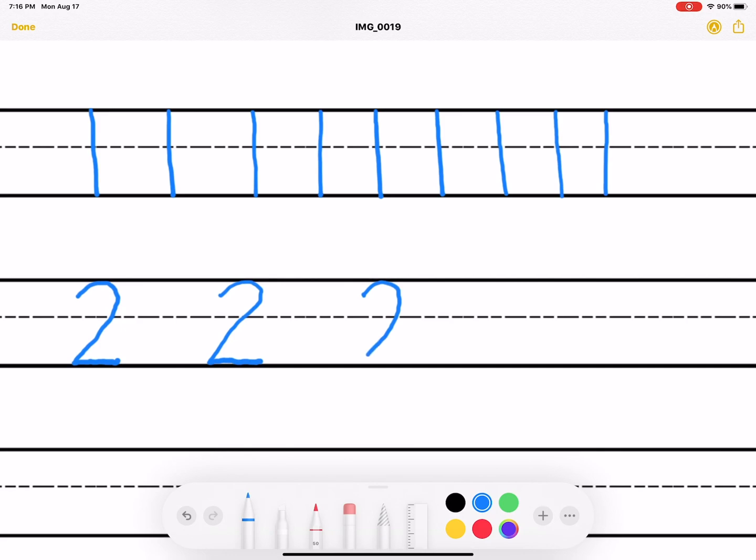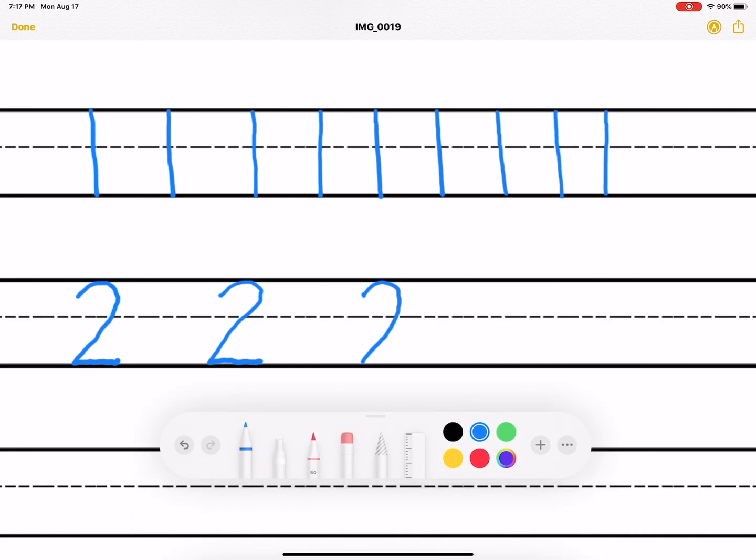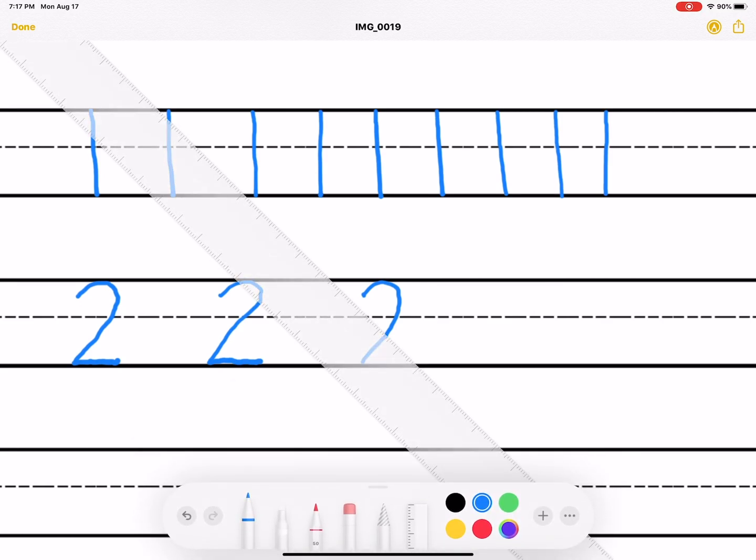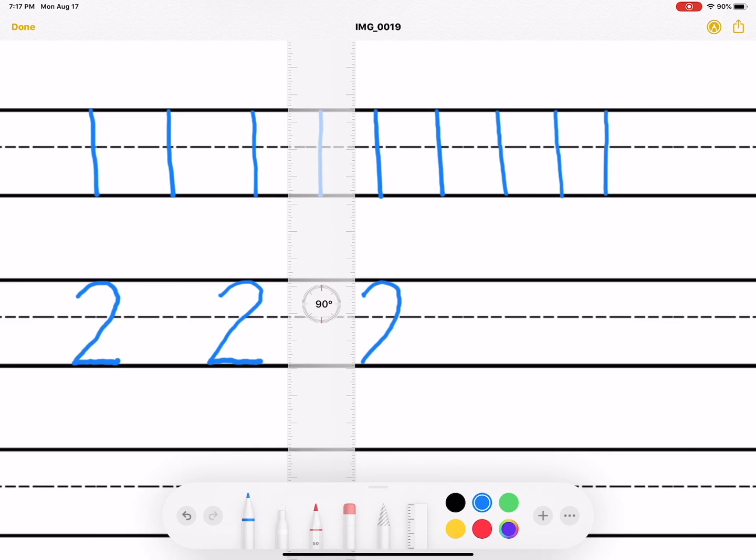So when you come down to here, let me actually show you this. Look at that. See how, here's a ruler. See how it's straight? The bottom of the, well, it's not perfect, but pretty close. Watch, we can make it there. Now it's nice and straight. But the idea is to get the sides of the number 2 lined up, okay?